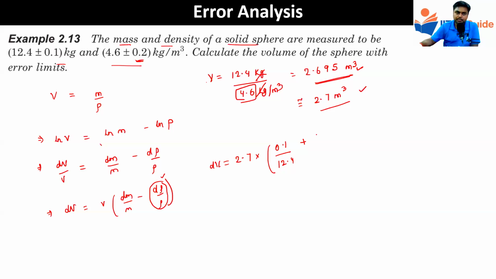So therefore it's going to be plus 0.2 divided by 4.6, multiplied by 2.7, which is 0.139.